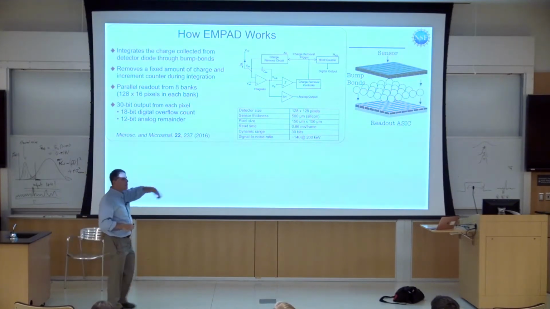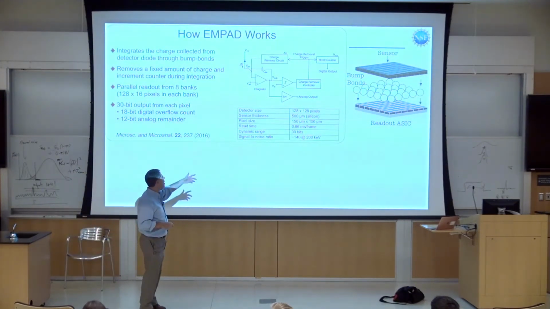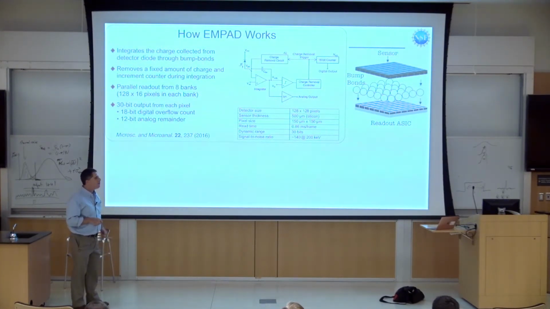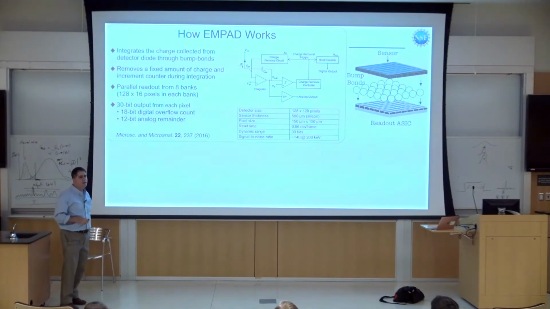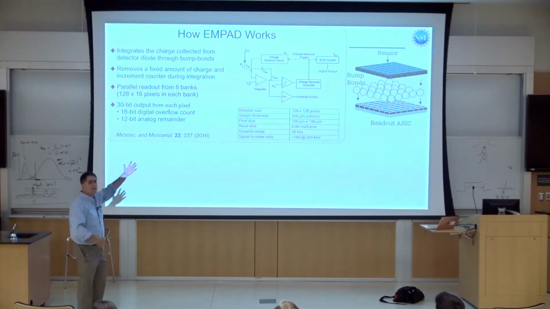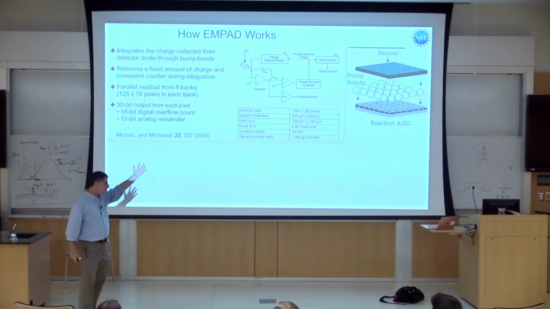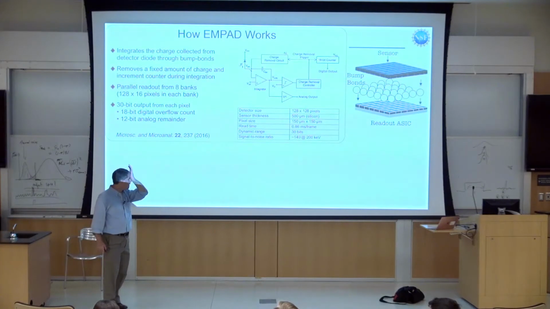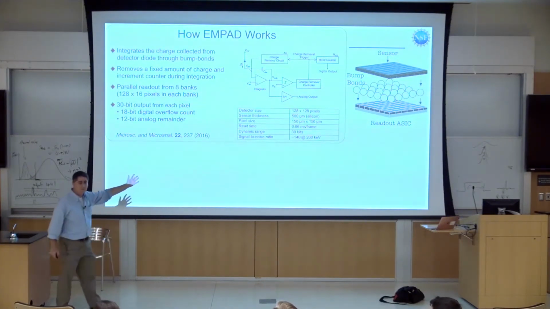And then you just count how many scoops you have when you fill up by an amount of the scoop. So we just run an 18-bit counter, and 18 bits, by the way, is many hundreds of thousands of counts.